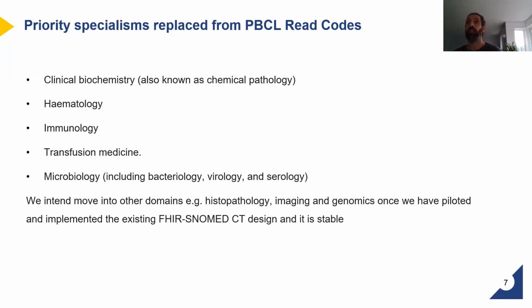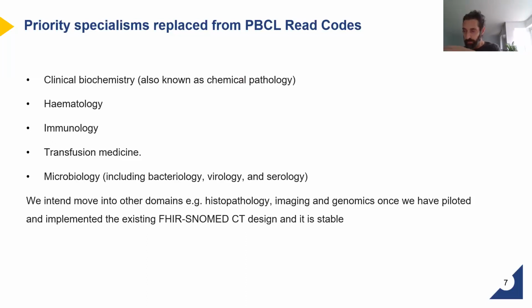So we replaced those disciplines, and during the course of that discovery work, it's less about a national test list. SNOMED is huge, we know that, and the lab disciplines are even bigger.